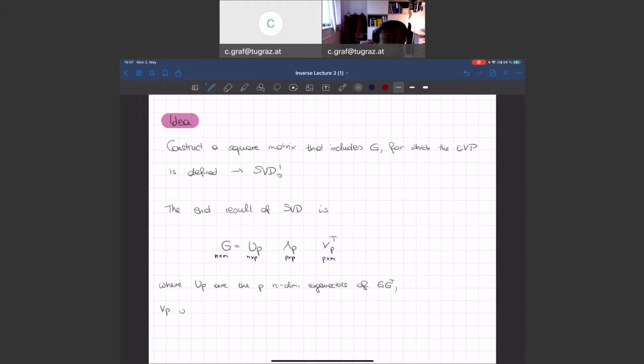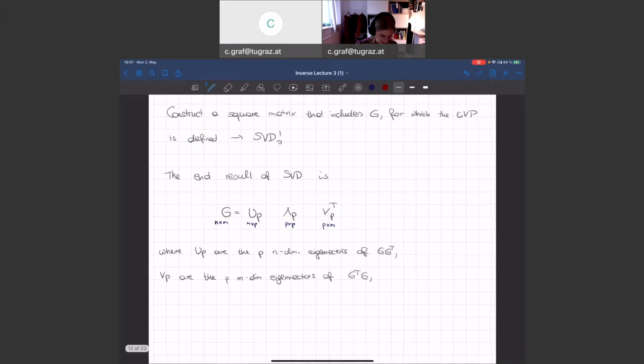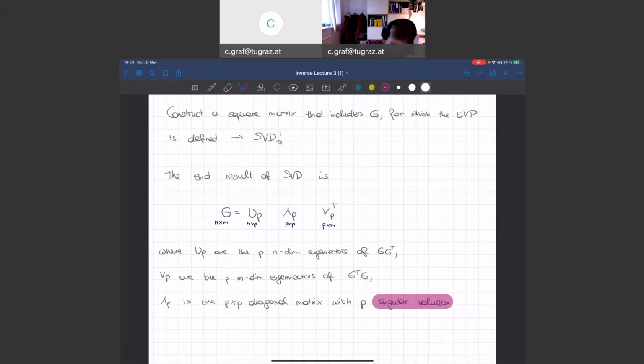Now VP are again P, and they're the m-dimensional eigenvectors of T transposed times T. And finally, lambda P is again a diagonal matrix containing P so-called singular values. And you will see in a couple of minutes what those singular values are.